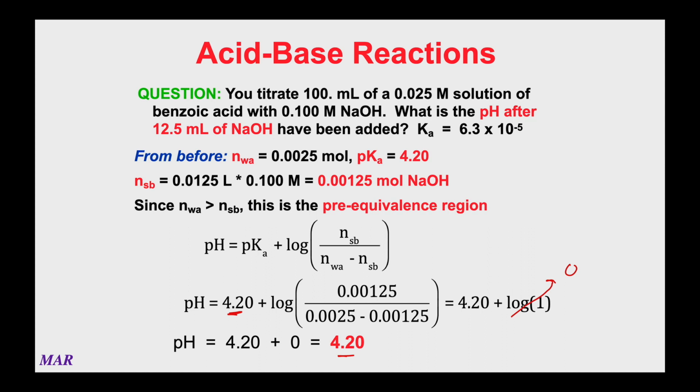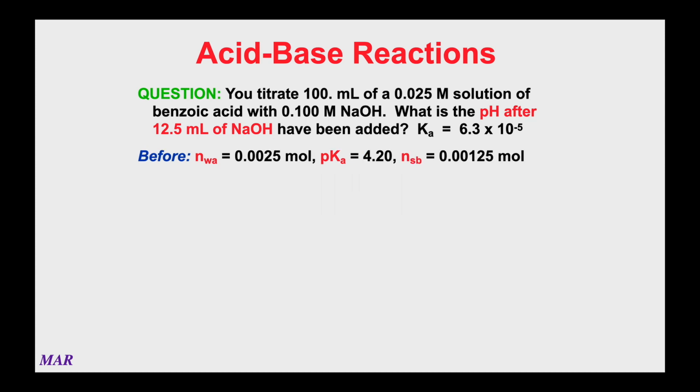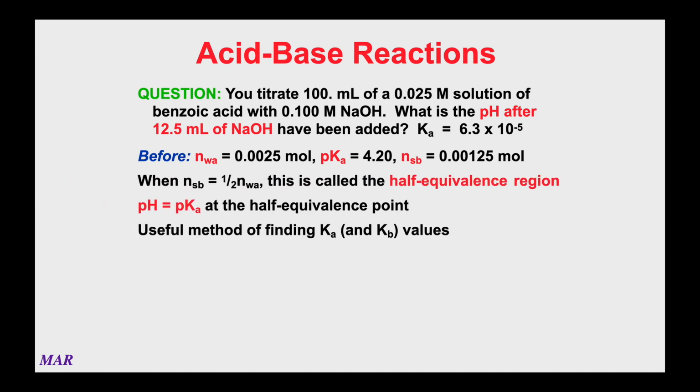Half equivalence region, pretty cool, because this is a nice way to find or verify what your Ka value is. From before, there's all the numbers we had. When the moles of strong base are equal to half the moles of weak acid, that's really what the half equivalence region is. You can find it easily because the half volume to reach equivalence is also the half equivalence point.